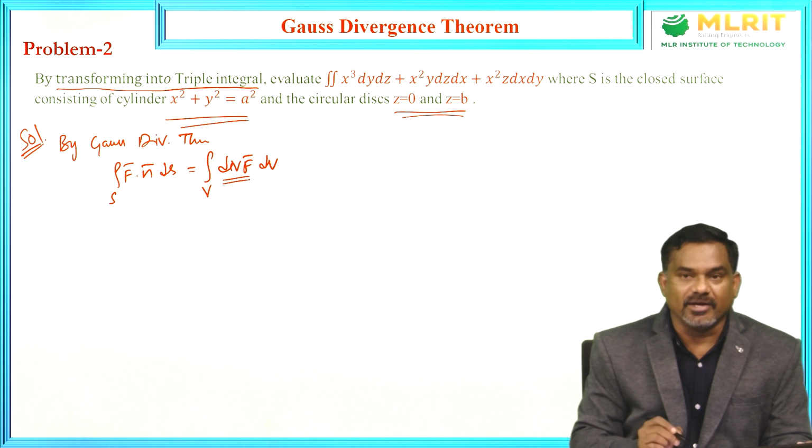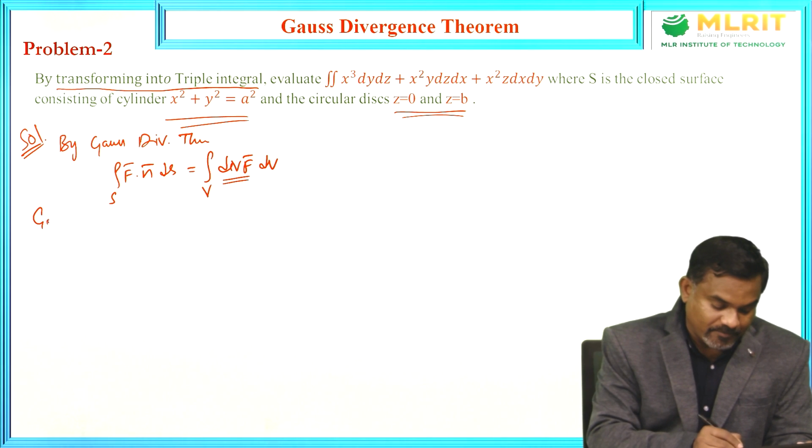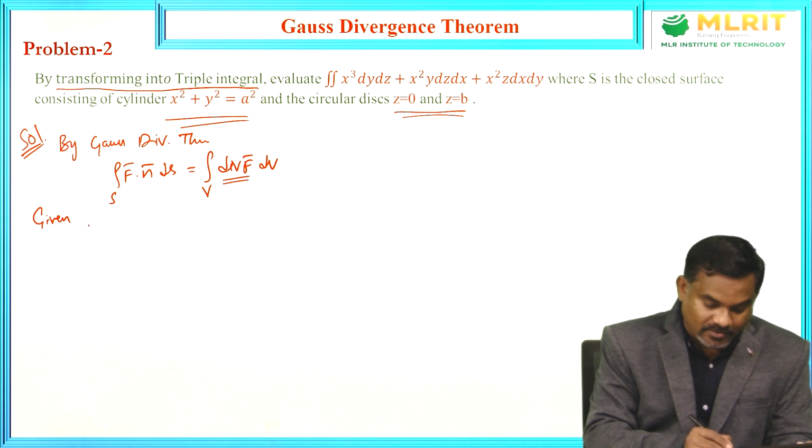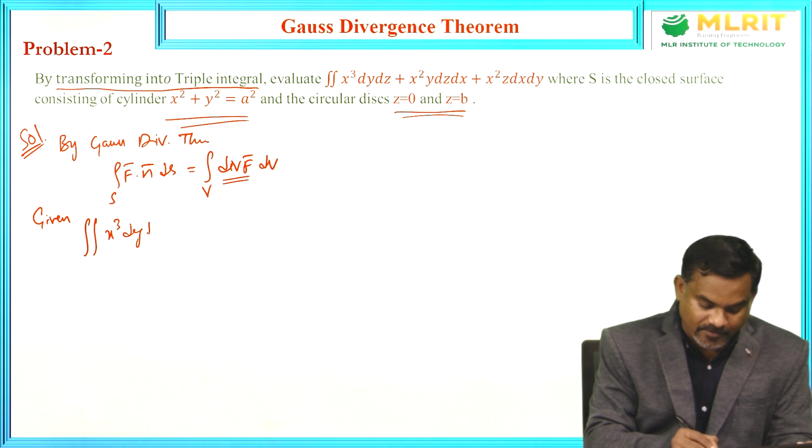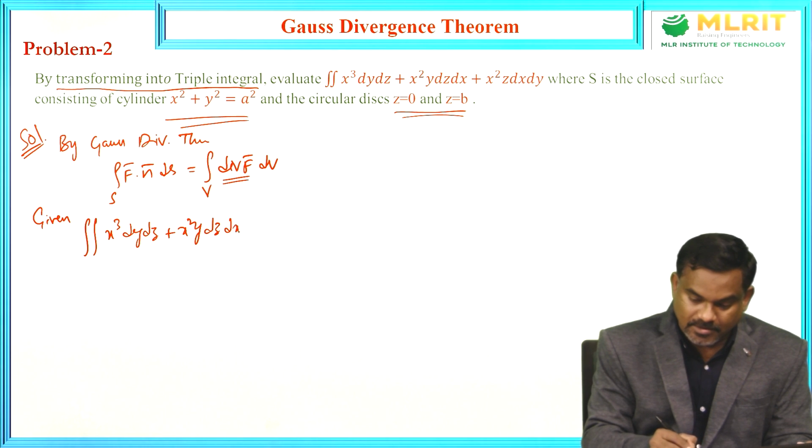For that we need f bar. But in the given problem, the surface integral is x cube dy dz plus x square y dz dx plus x square z dx dy.